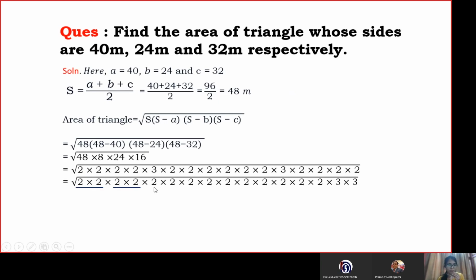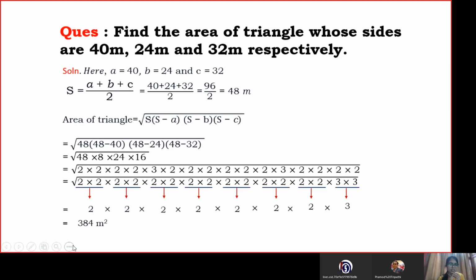After you've made groups of 2, out of each group, one factor comes out, and therefore the area of the triangle will be a product of all these, which will be 384 meter square. Since we were dealing with area, the unit is meter square. I hope you've understood how we calculate the area using Heron's formula.